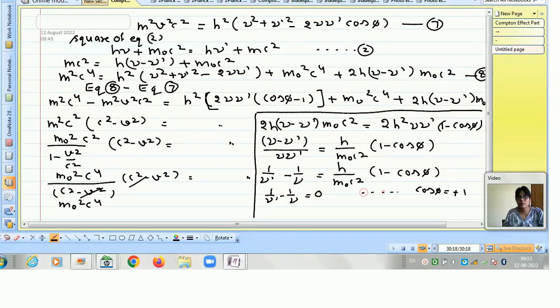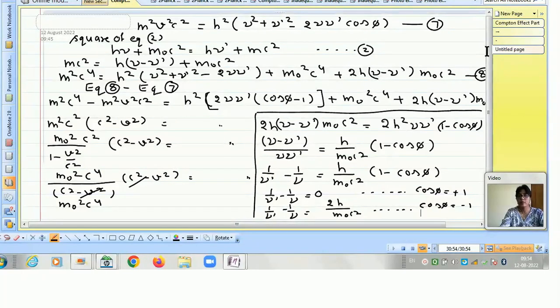And now if we put cos phi equal to minus 1, then 1 by nu dash minus 1 by nu is equal to 2h upon m naught c square. So this is again a positive value. So what we see here is that the factor 1 by nu dash minus 1 by nu is in all cases greater than or equal to 0, which means this is a positive term.